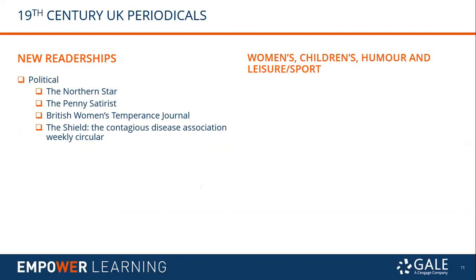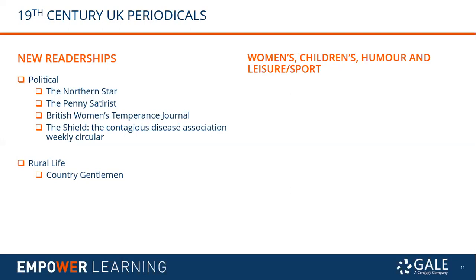It's a feminist paper focusing on women's issues. But one of the big things for this circular was that there was a campaign that it really tried to focus on, the campaign against prostitution. So again, women's issues, they wanted the right to do what they wanted with their own bodies, and it started emerging in the Shield. Rural Life is a country gentleman paper.